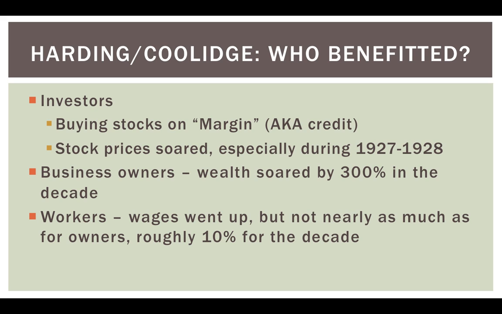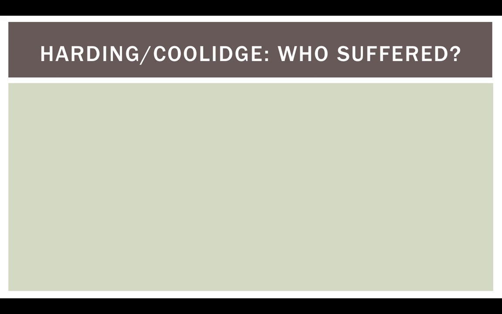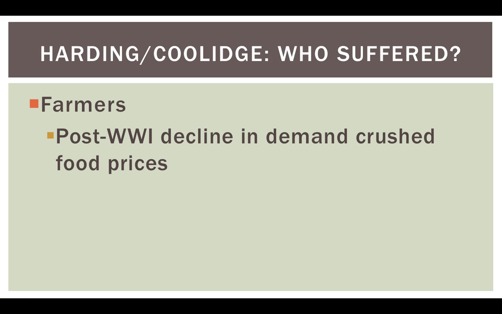The people that are not doing well, the first one are farmers, and given your extensive knowledge of Grapes of Wrath, this should not be a total surprise. So after World War I, there is a big decline in demand for food products in the early 1920s. World War I ends in 1918.